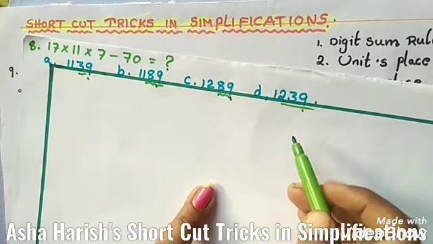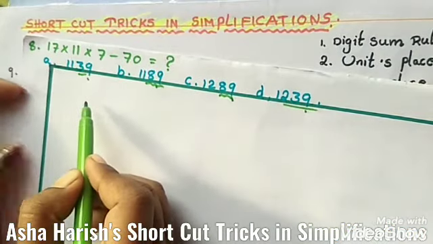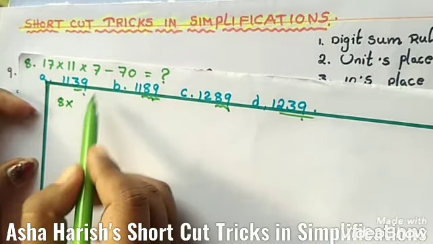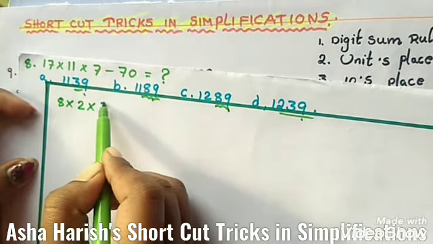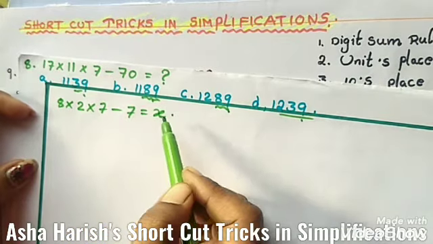The units place rule is not applicable, and the tens place rule is also not applicable to this question. Now coming to the digit sum rule, if you apply it to this question, here 1 plus 7, that is 8, into 1 plus 1, 2, into 7 minus 7 is equal to x.